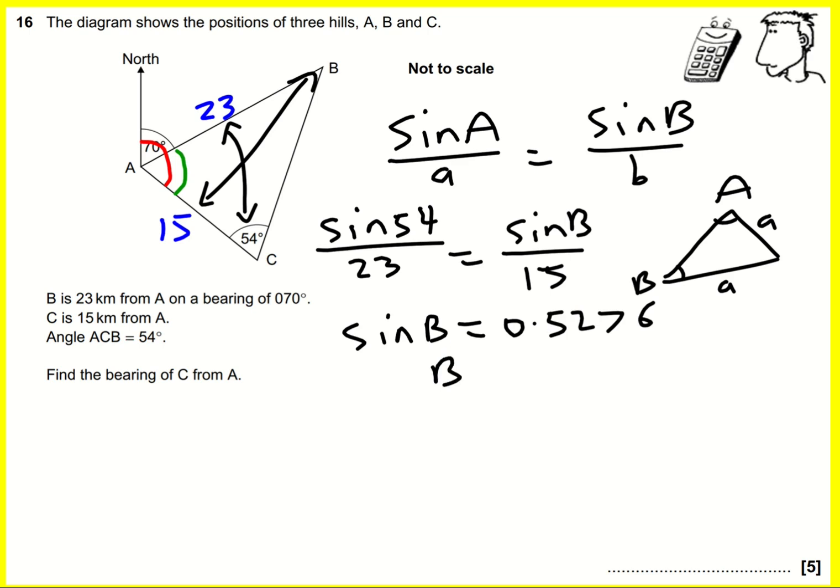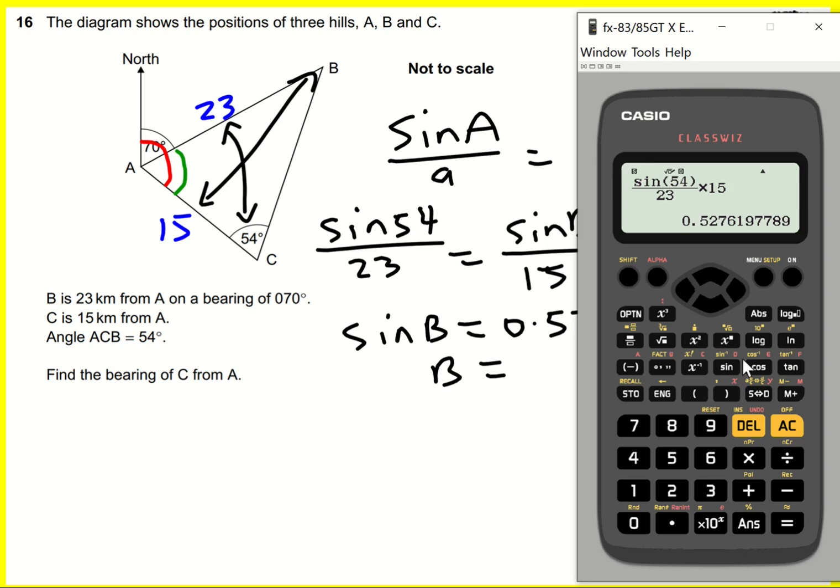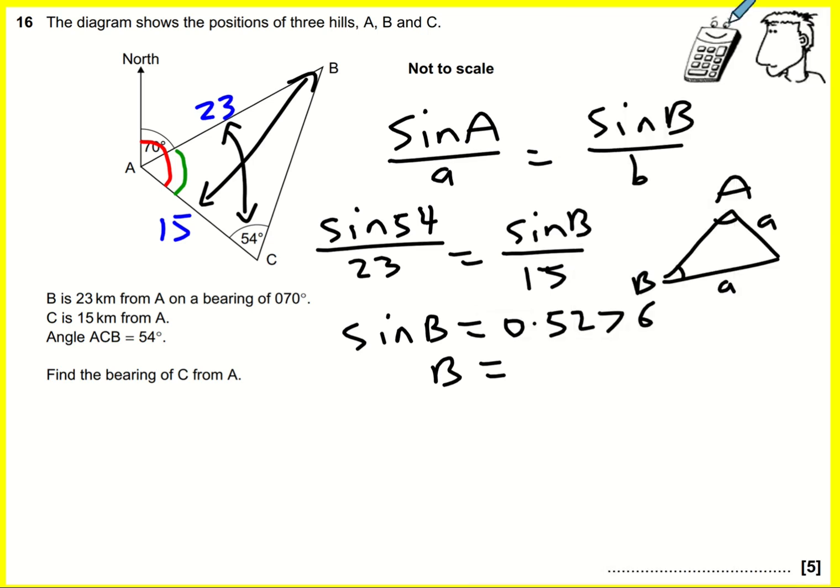And therefore B is going to be inverse sine of that. Shift sine, answer. Keep it as exact as I can. 31.844. Okay, that wasn't actually the angle I wanted, but that will allow me to find the green angle.